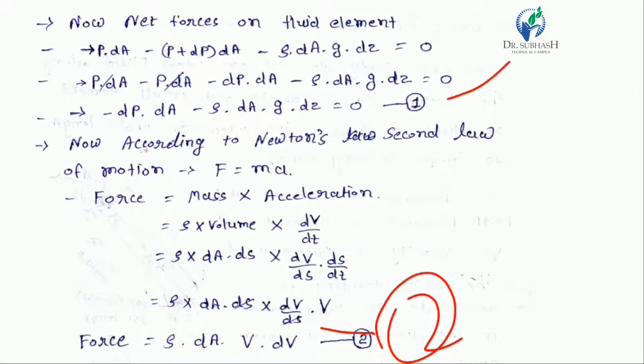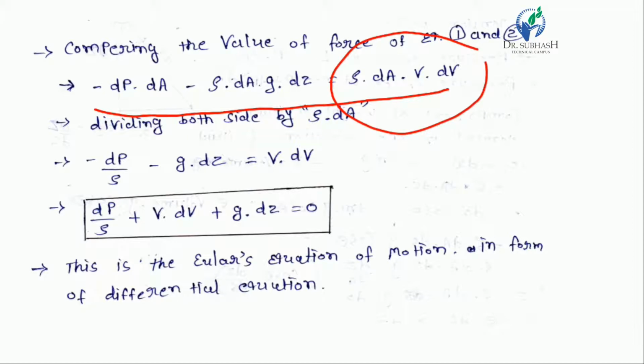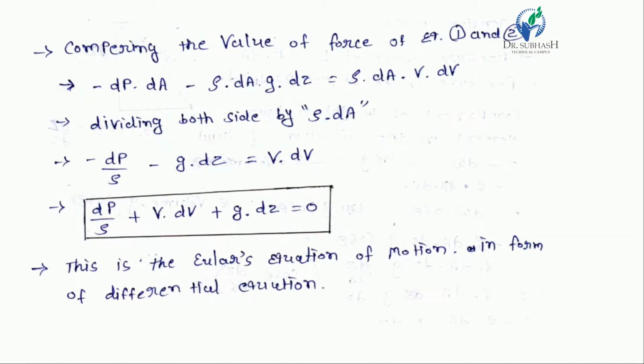So we have two equations of force, which we compare to each other. The first one is by Newton's law and the second one is by the summation of all forces on the fluid element. Now divide both sides by rho into dA.